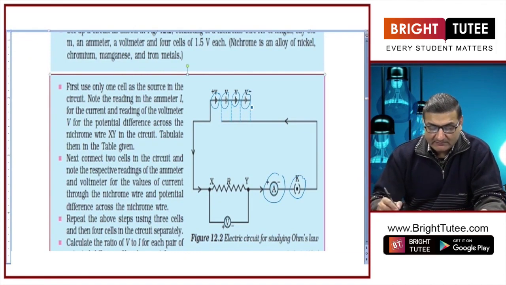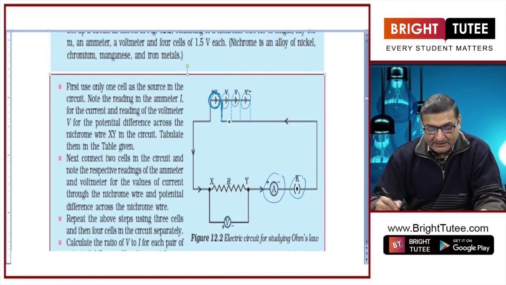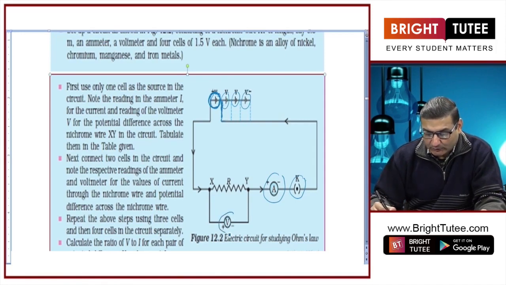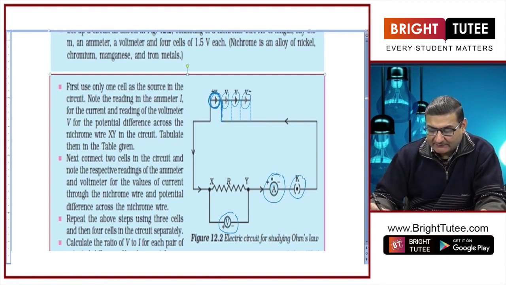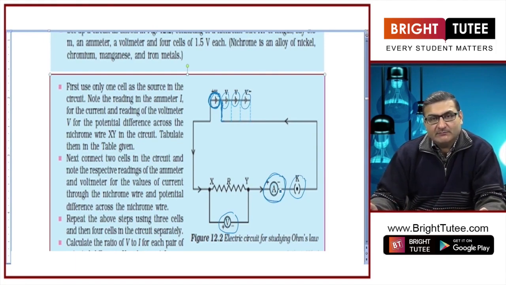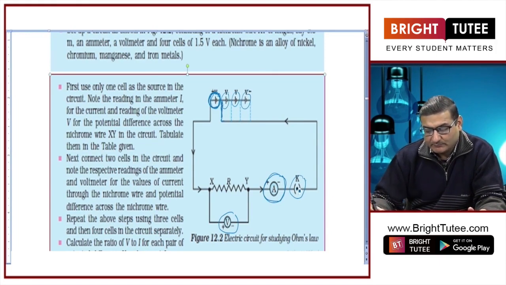What we'll do is, first of all, we'll just connect this particular cell to this circuit. Connected it from here, right? This is the line coming up. I have connected a voltmeter across this resistance, which will measure the amount of potential difference, and I have connected an ammeter, which will just measure the amount of current. So if I am putting up a single cell, I will switch it on, putting a dot.